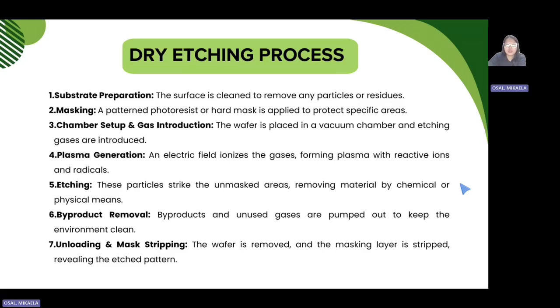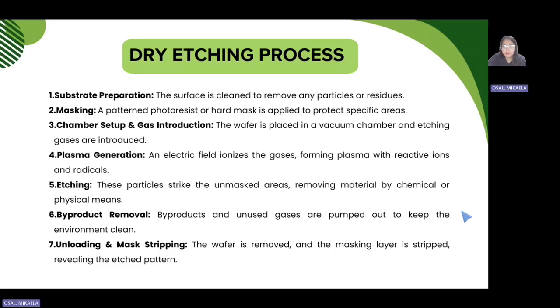These steps ensure a clean and smooth surface for accurate etching. Second is masking. A patterned photoresist or hard mask is applied to the wafer. This mask protects certain areas while leaving the other parts exposed to the etching process. The mask pattern determines the final features on the wafer.